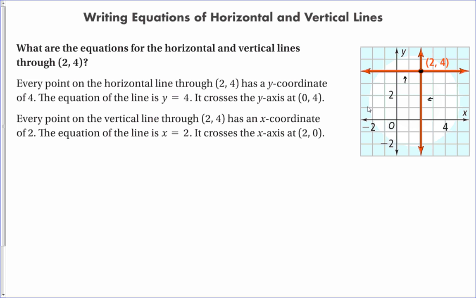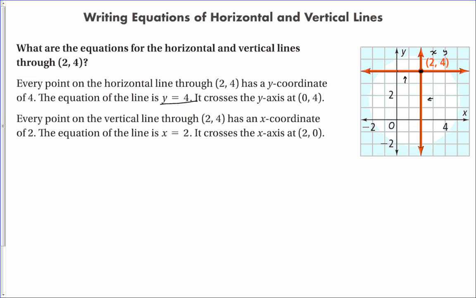Now it says every point on a horizontal line through (2, 4) has a y coordinate of 4, because this is your y value, this is your x value. So the equation of the line is simply y equals 4, and it crosses the y-axis at (0, 4).